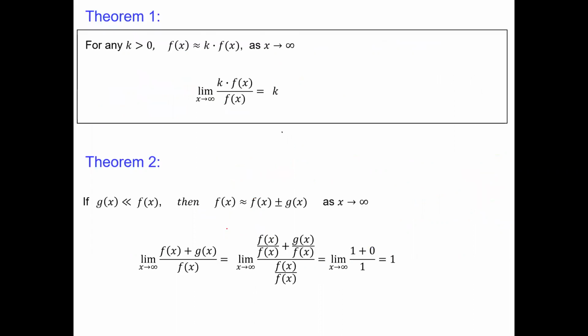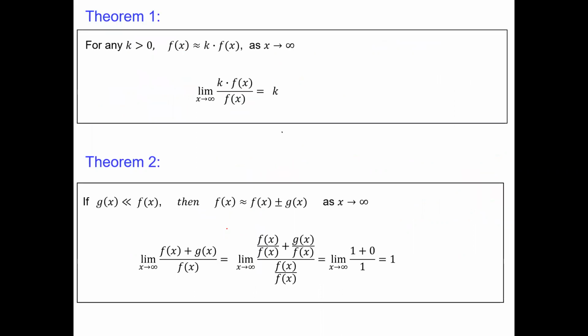And now I have a theorem that we also were using a lot. When we have the ratio of the same function, the answer will be just the ratio of the leading coefficients, k over 1k. Now, theorem 2: when we have more than one function in that ratio, for instance f plus g, we are looking for the leading function, the one that grows faster.